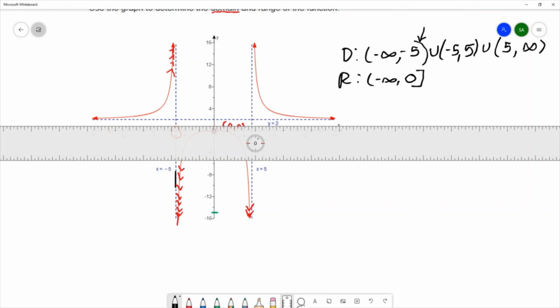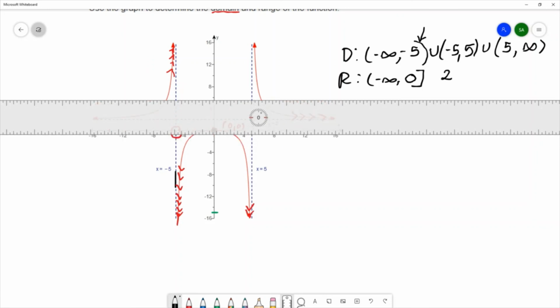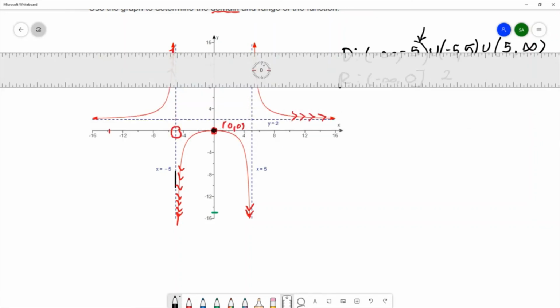That horizontal dashed line is a feature of the graph called the horizontal asymptote. And once again, that graph is getting closer and closer to that line without ever reaching it. So our range will start at 2 and continue on until infinity.